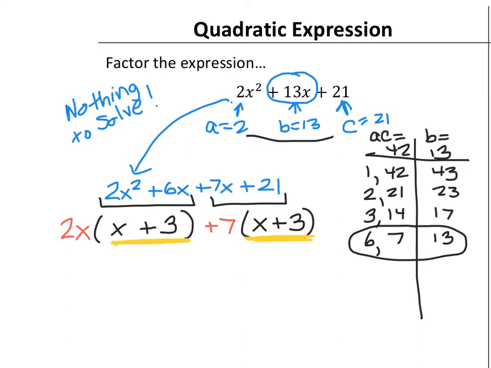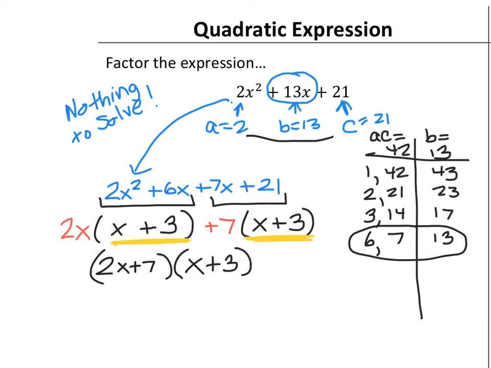And the distributive property allows us to bring the 2x plus 7 together now because they're both multiplying the same expression. So the distributive property will say that I can bring that 2x plus 7 together, and it's multiplying the x plus 3.